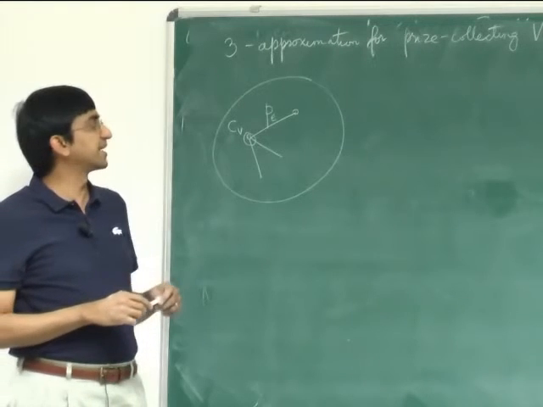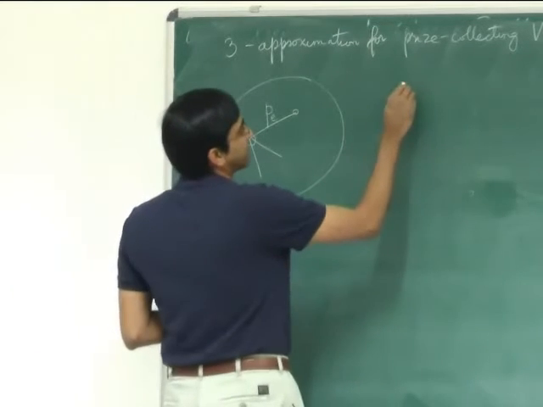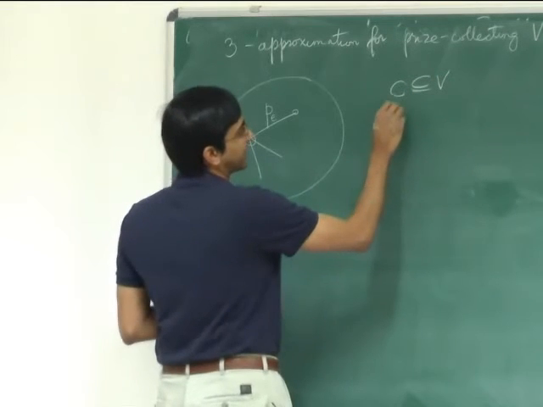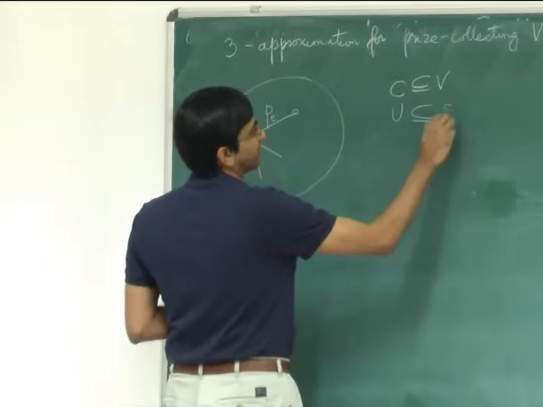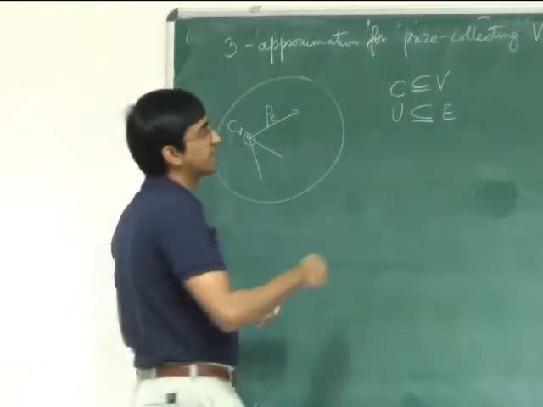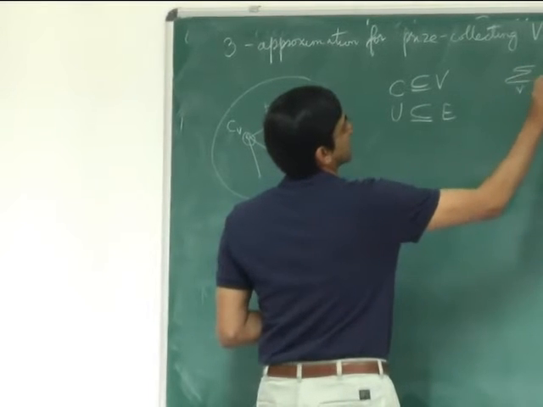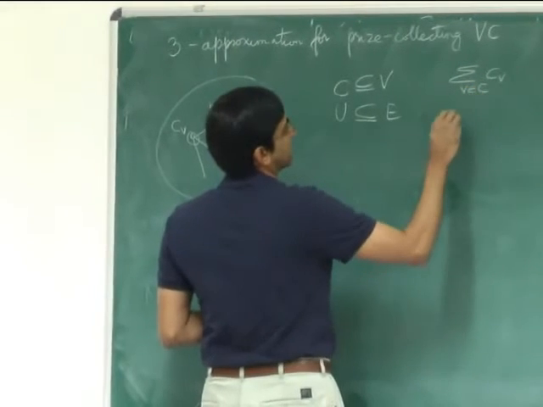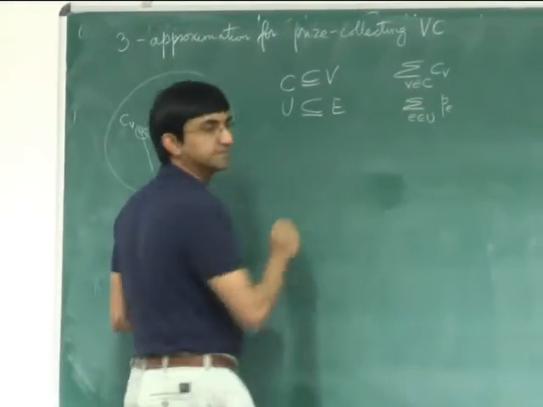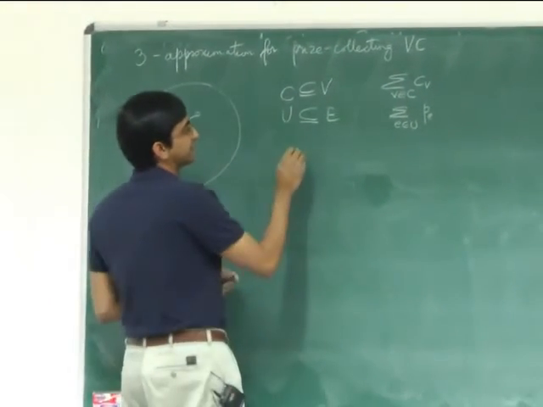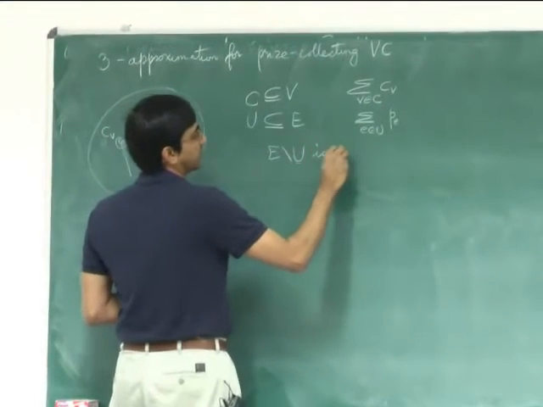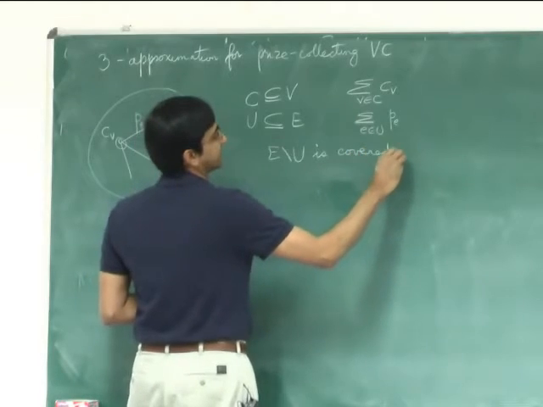And we want to find a set of places to put the guards. And we want to find some subset of edges that will be left uncovered. Okay, and we are minimizing the cost of the vertices in the cover plus the penalty of the edges uncovered. Okay, and the requirement is E minus U is covered by C.